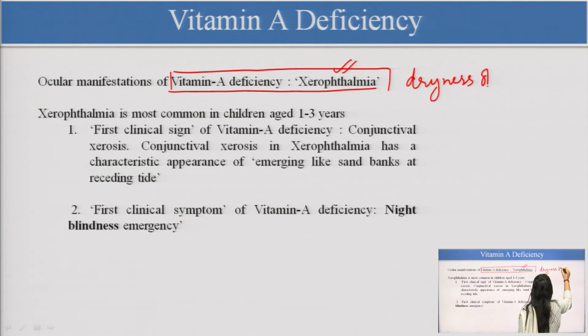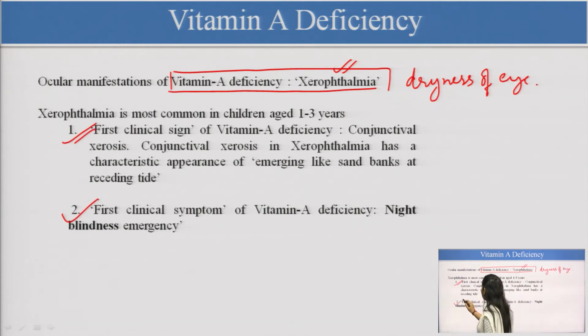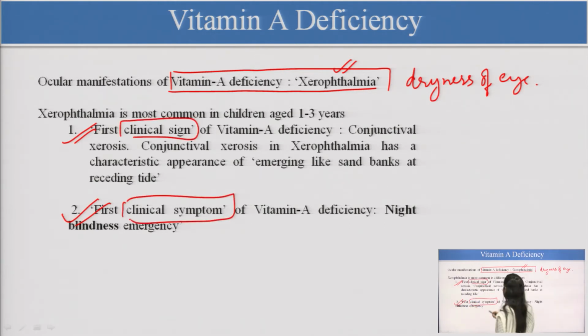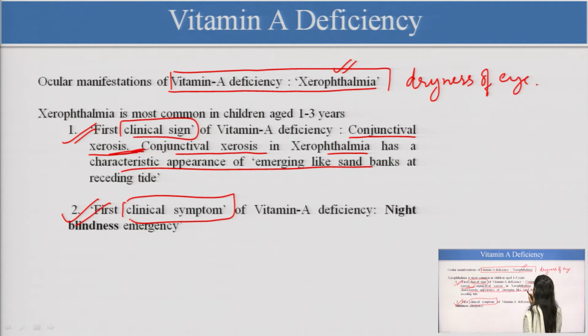The first clinical sign and the first clinical symptom are different, you can see. The first clinical sign is conjunctival xerosis, meaning there is dryness in the eye which can be very easily seen. This conjunctival xerosis in xerophthalmia has a characteristic appearance of emerging sandbanks. So, that dryness can be seen.